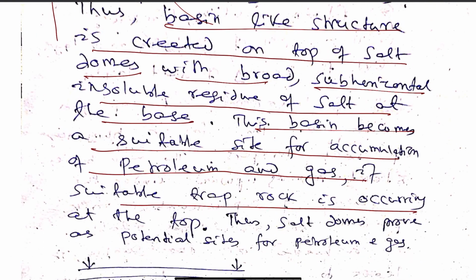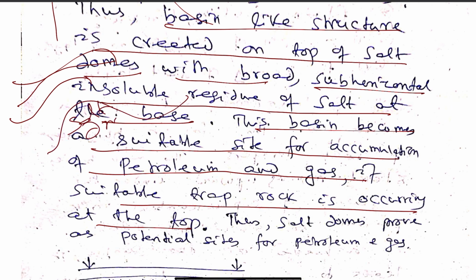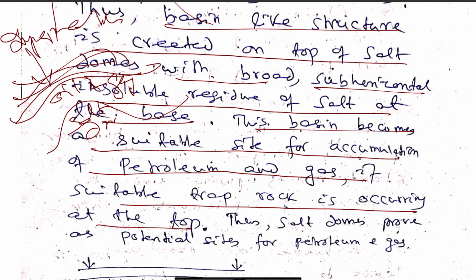If a suitable trap rock is occurring at the top. The fact is that unless there is a suitable cap rock over the salt dome, there cannot be accumulation of oil and gas. So the overlying rock has to be impermeable, may be shale. Shale is porous but not permeable.